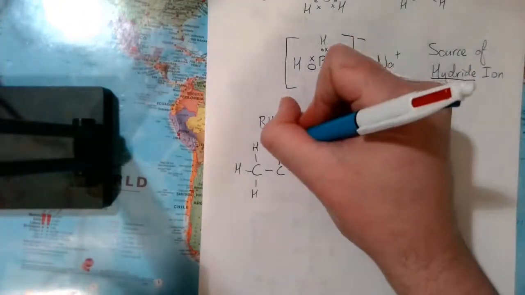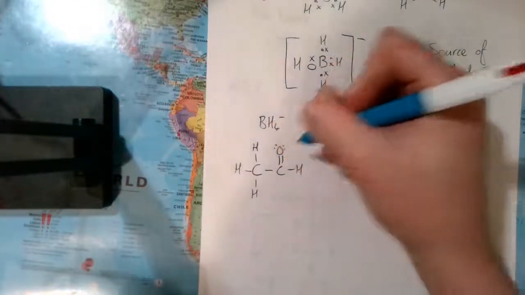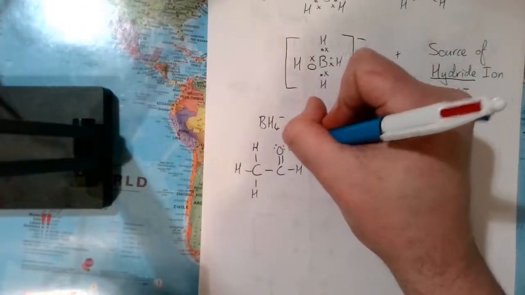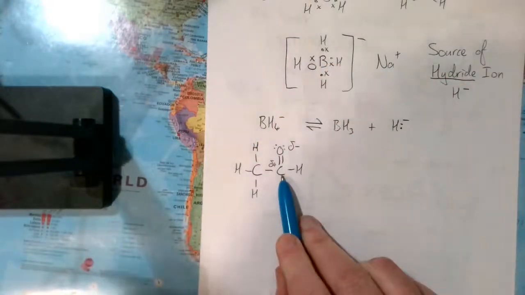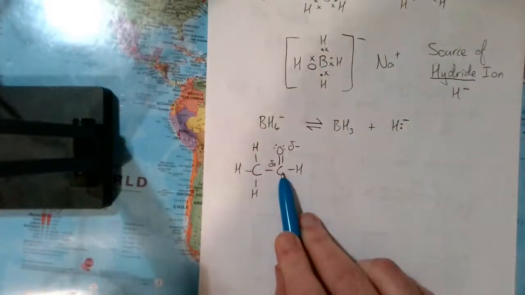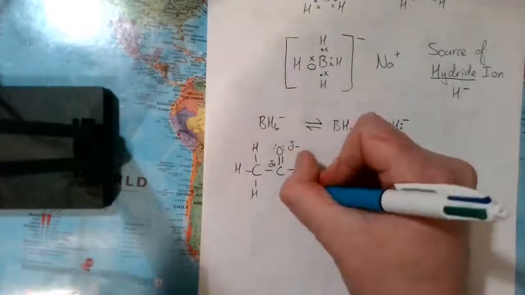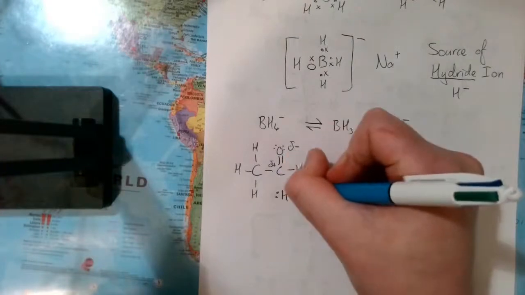Okay, hopefully you did that. If not, oh well, please try next time. Delta negative on the oxygen, delta positive on the carbon. We know nucleophilic attack is going to come here. Here is my hydride ion.